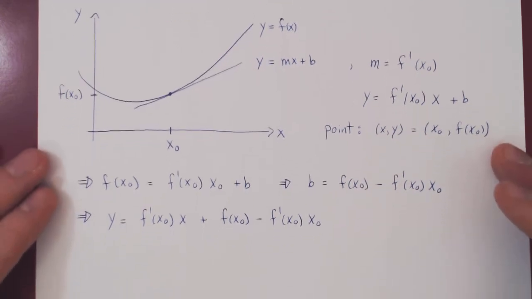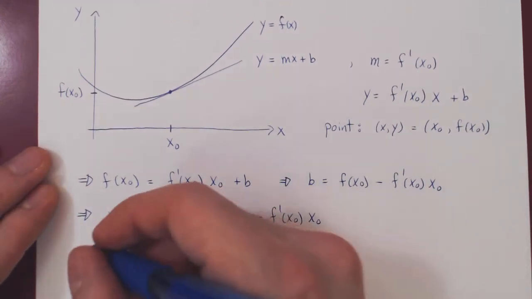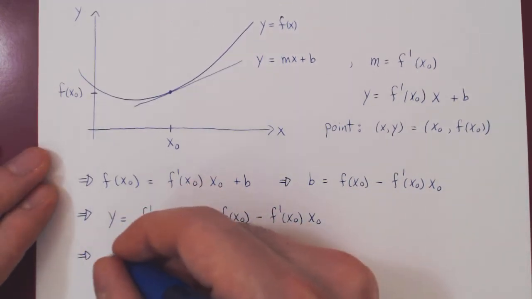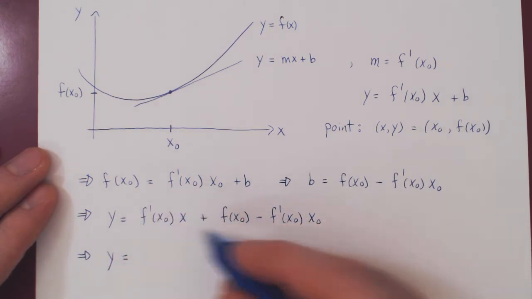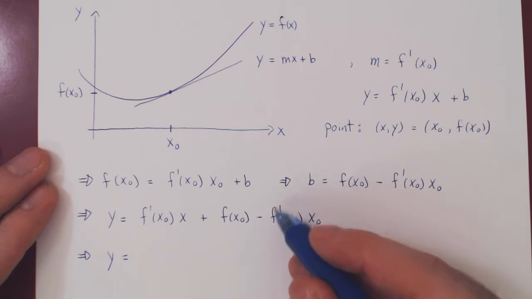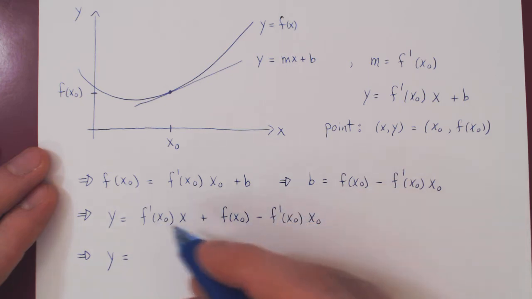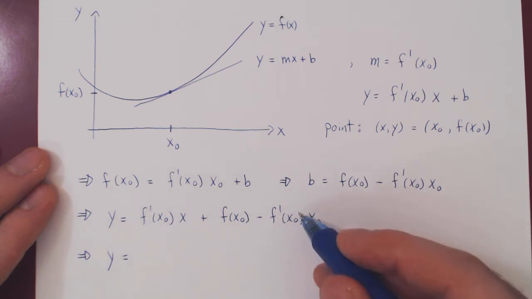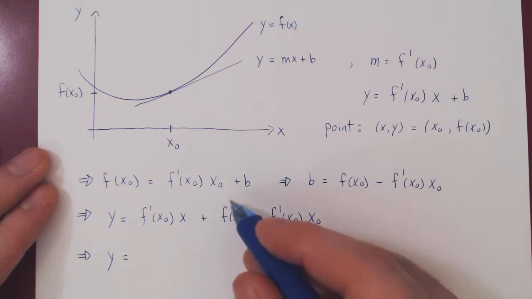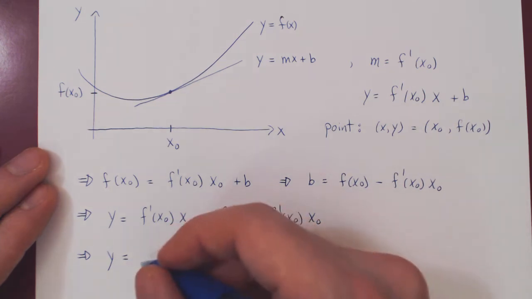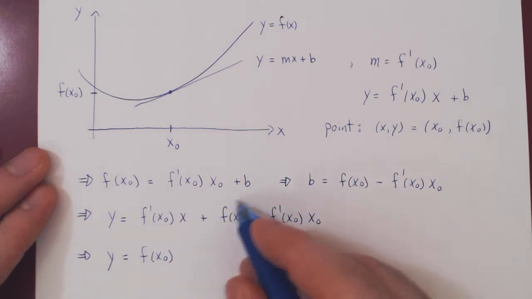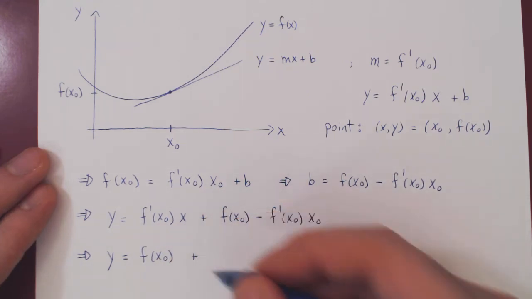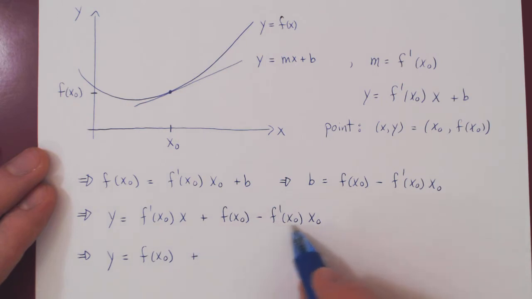But we can simplify some more. If you notice, the first and the third term are both multiplied by the derivative at x0, so we'll combine these two terms together and factor out the derivative, and we'll leave the f of x0 alone. So we have f of x0 now plus this term minus this term.